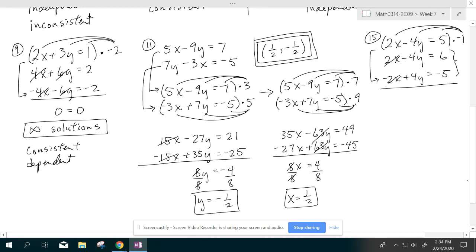So my x's cancel. Uh-oh. Crap. And my y's canceled. And 6 minus 5 is 1. So what's on this other side? Nothing, right? Everything canceled? Is that true or false? And so what does that mean about the answer?